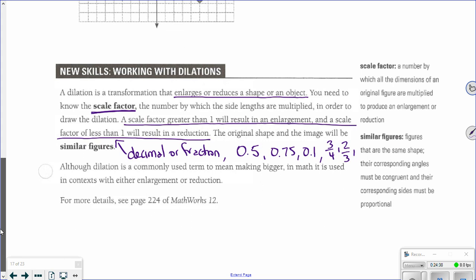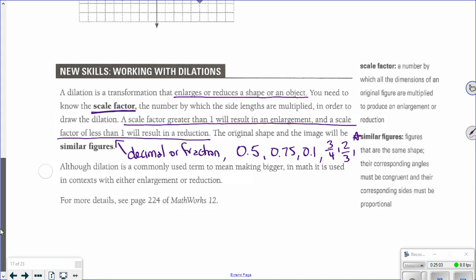Okay, after we do an enlargement or a dilation, the original shape and the image will be something known as similar figures. The definition is off over here on the side. They're figures that are the same shape. Their corresponding angles have to be congruent or the same, and the corresponding sides must be proportional.